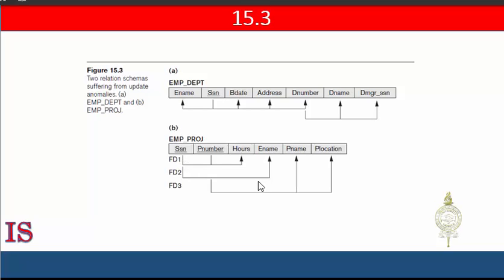This relation is not in second normal form because all of these non-prime attributes are not fully dependent on the entire primary key. The only one, in fact, that is hours. If these three were not there, it would be in second normal form. But since they are included, this relation is not in second normal form.